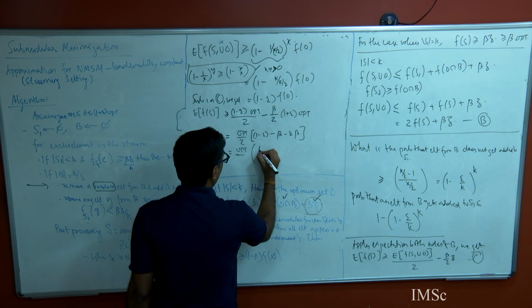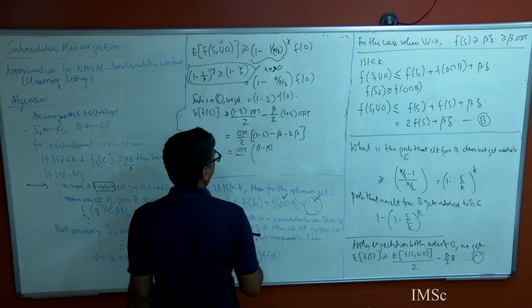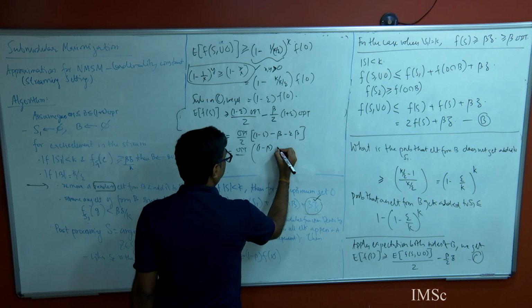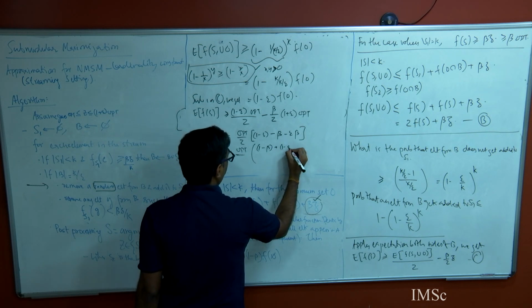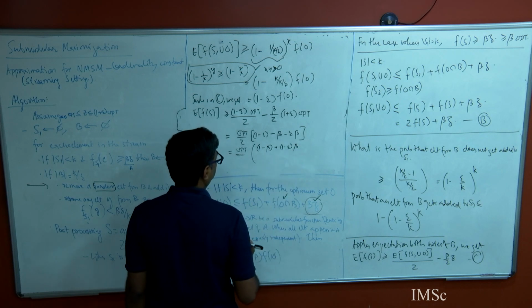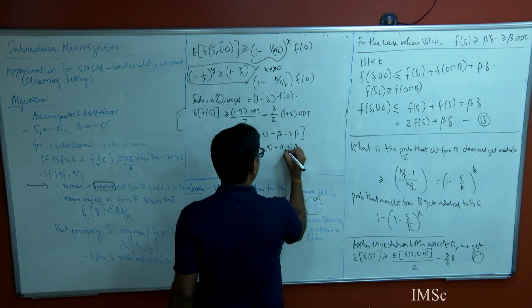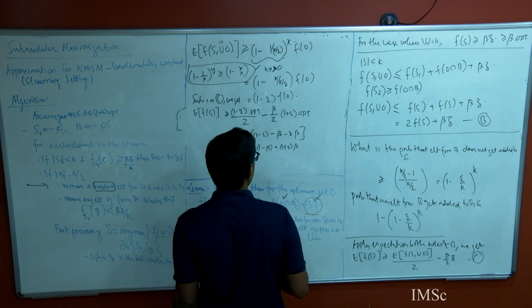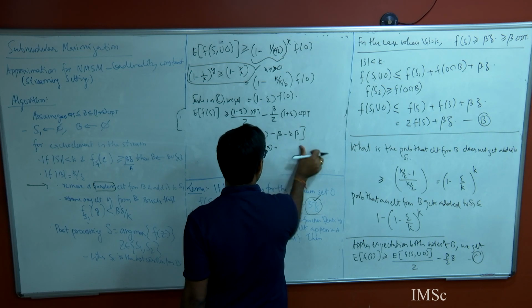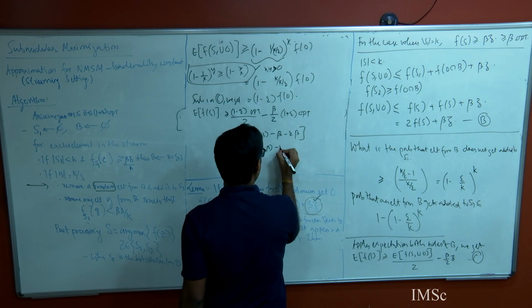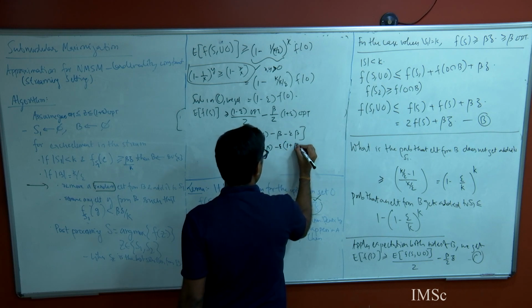I think we can take 1 minus beta, minus epsilon common, then what do we get? 1 plus beta.